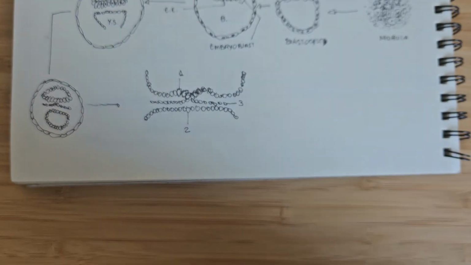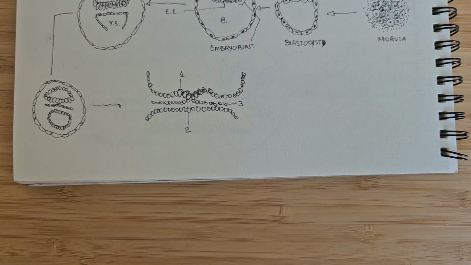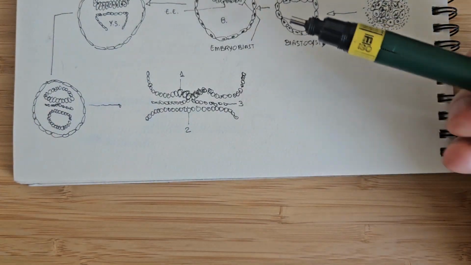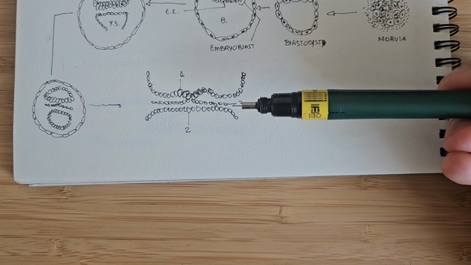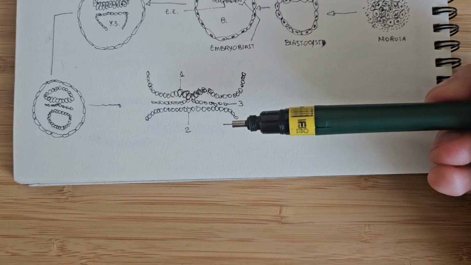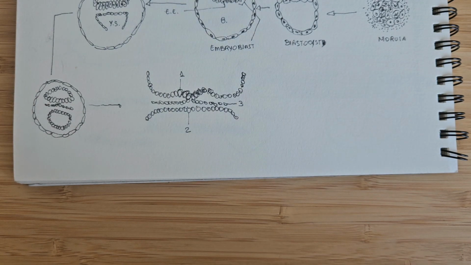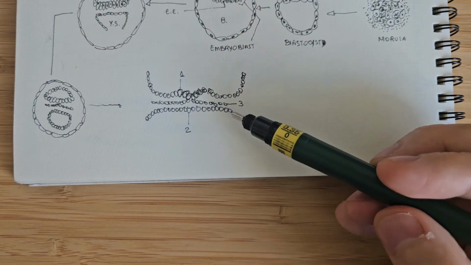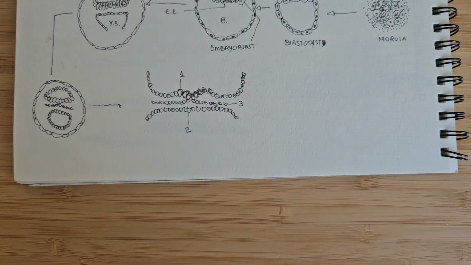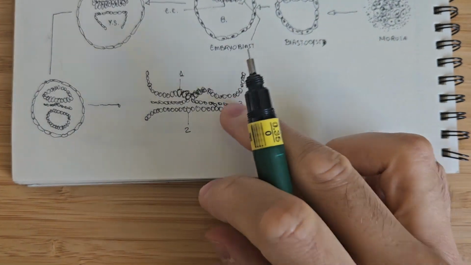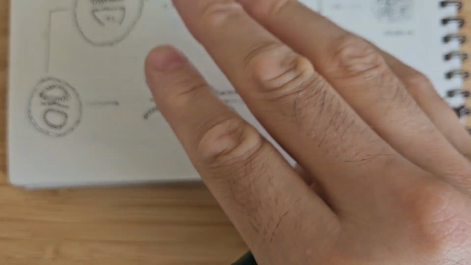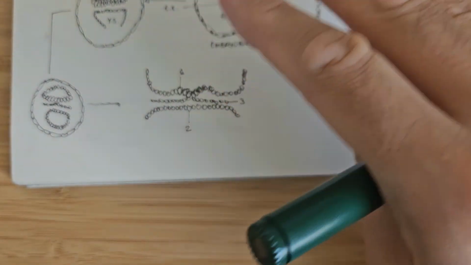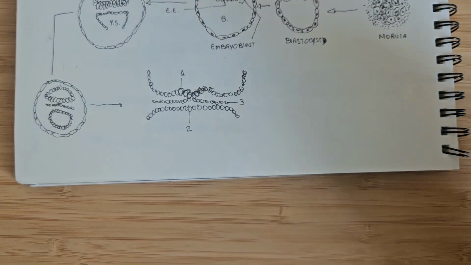You have the ectoderm, the inner endoderm, and the middle mesoderm, sandwiched between them. Each one of these 3 germ layers will give rise to different tissues in the body.